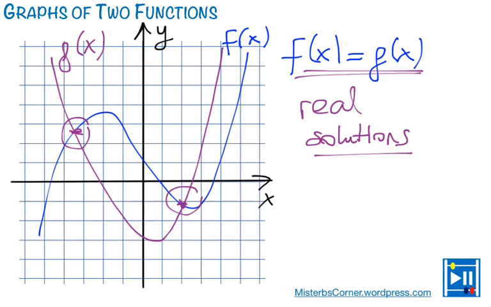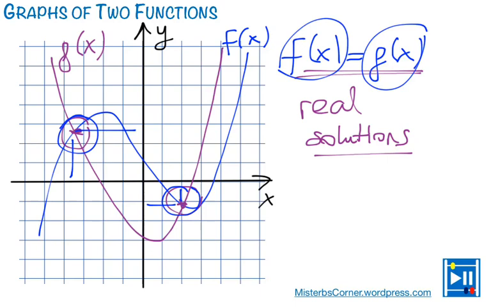Now, if we have graphs, we could just make an estimate for the coordinates of those intersections, but this is out of our scope. What we're going to do is that when we have f of x and g of x drawn, we could see that there are two intersections, meaning two real solutions. So this is what we're trying to deal with at the moment.